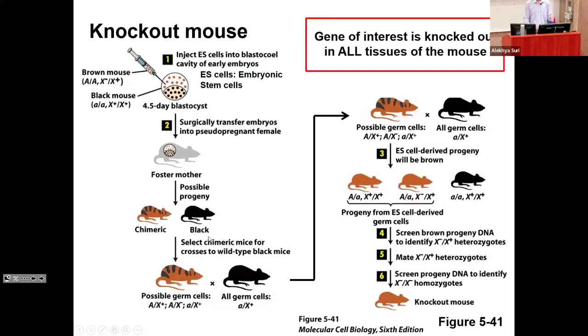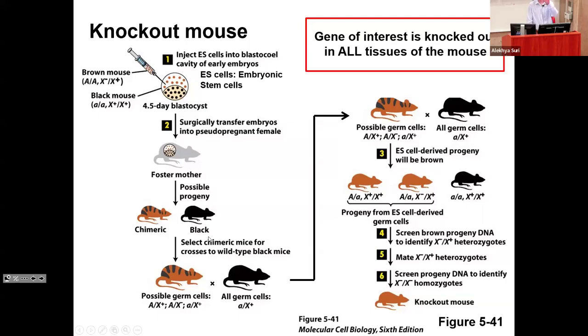Okay. Once you create the knockout, it is most likely done in embryonic stem cells, and now it comes to creation of the knockout mouse, for example, in this case. So you would inject the embryonic stem cells into blastocysts.